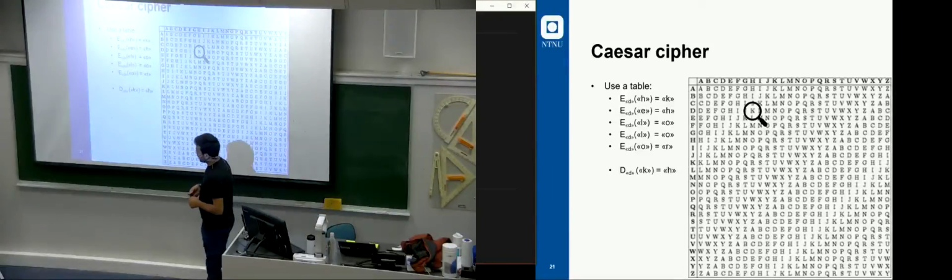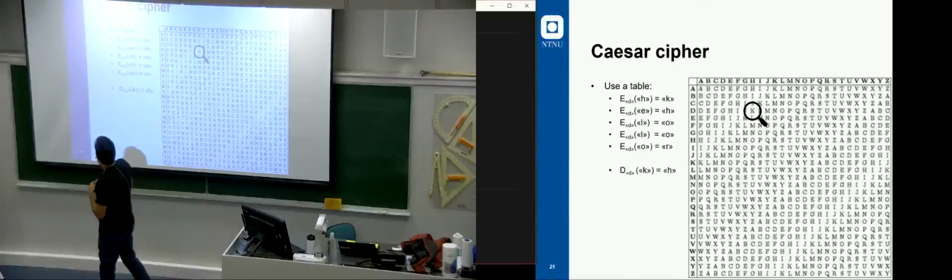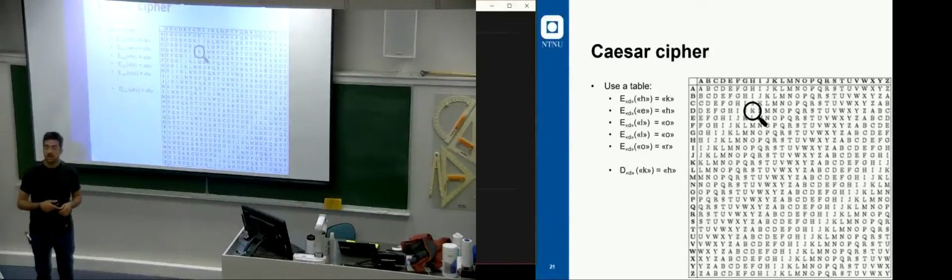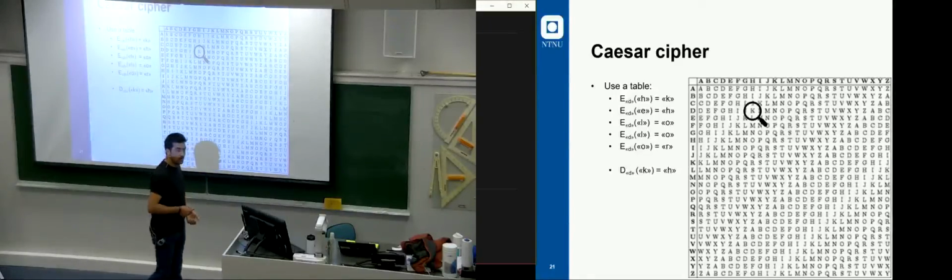Now we have the decryption. We took the same word, that means this Khoor that we got as encrypted text, we have to convert back to plain text.